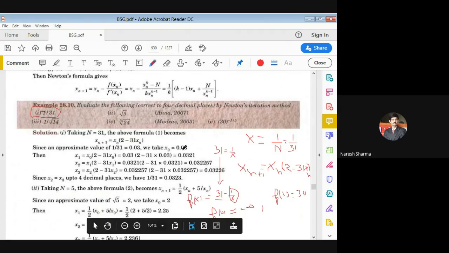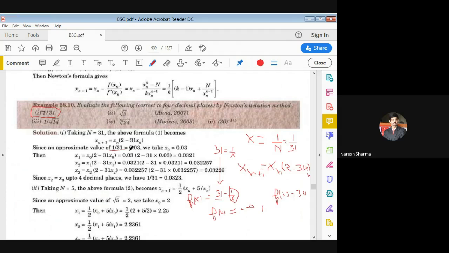So here we have assumed, or you can check by using the calculator, 1 by 31 is nearly 0.03. So you can start from this 0.03, because in the Newton-Raphson method we require a single point, not the interval.